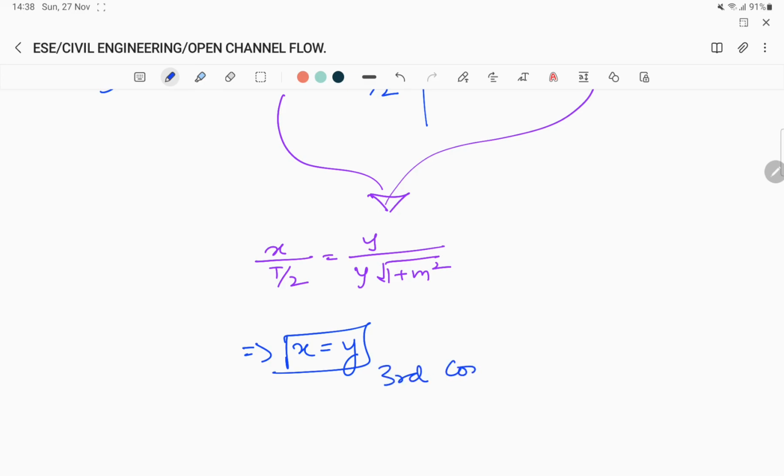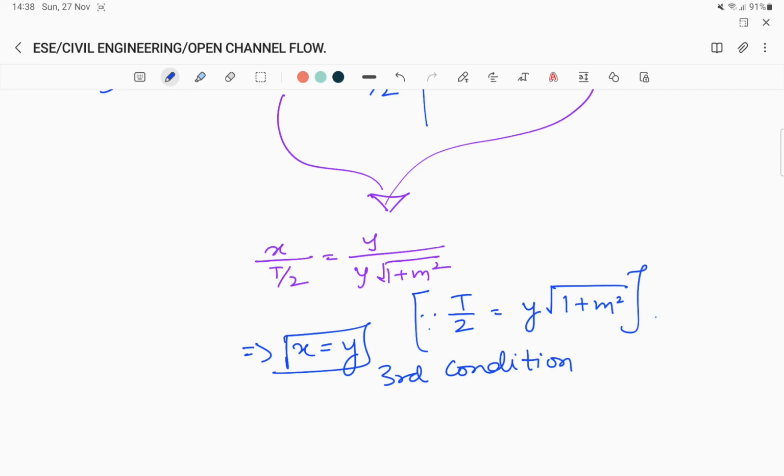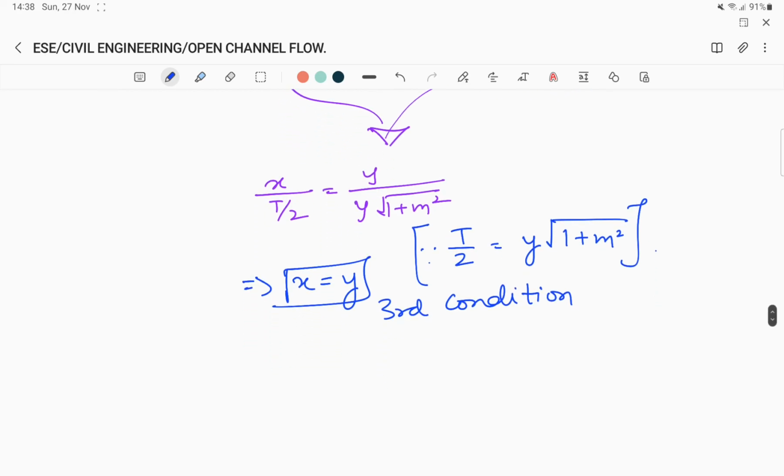So you have to put this as the third condition, and here you can also write T by 2 is equal to y under root 1 plus m square. So for efficient trapezoidal section, a circle of radius y shall be inscribed in the trapezoidal section. So all these three conditions should be satisfied.